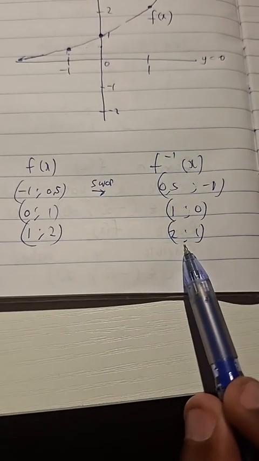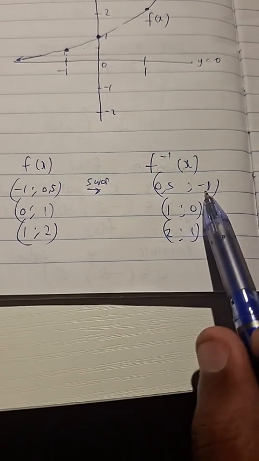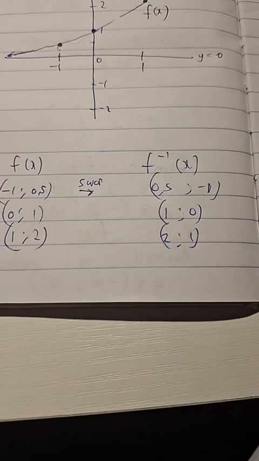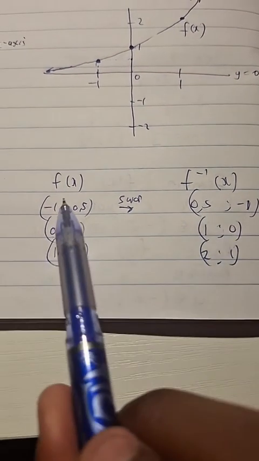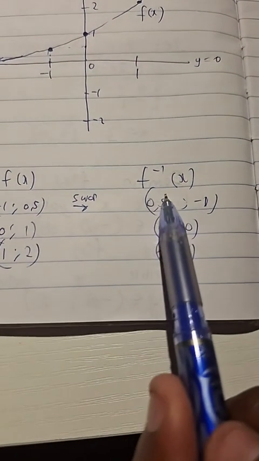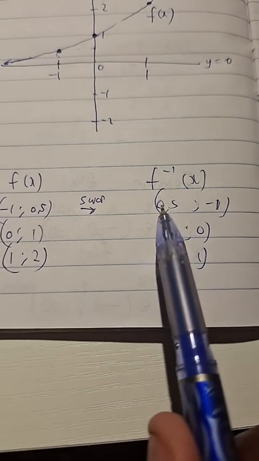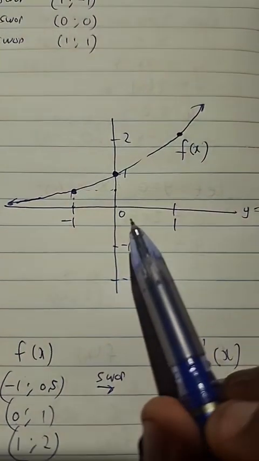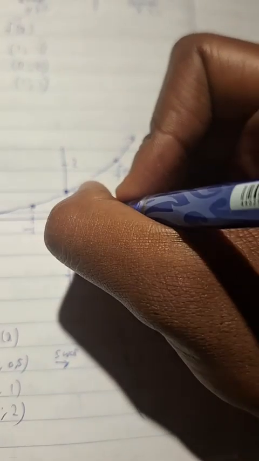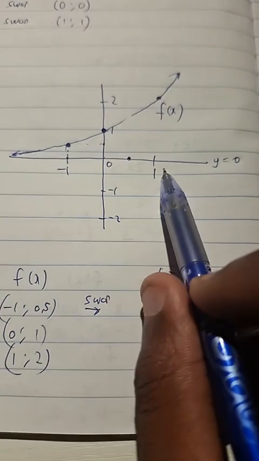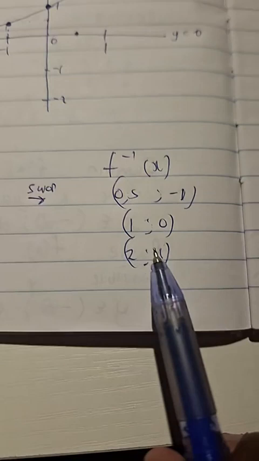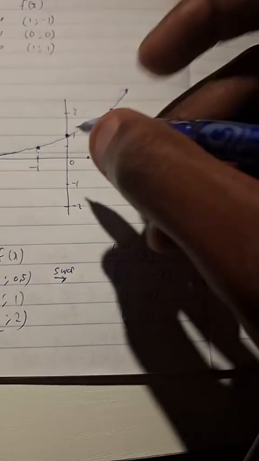So let's go to our Cartesian plane and locate these points so that we can sketch our inverse function, and it should be very easy from there. So we have the inverse point here, which is 0.5 and -1. When x is 0.5, right here in between 0 and 1, smack bang in the middle, and y is -1 here.